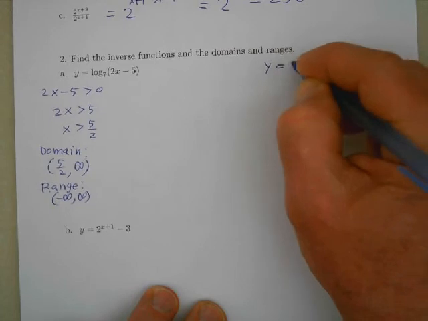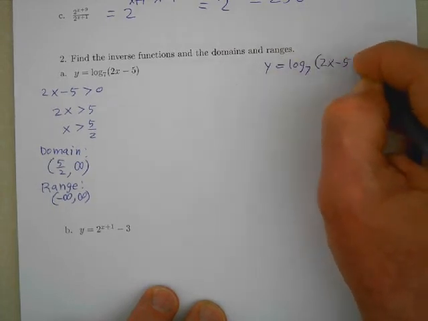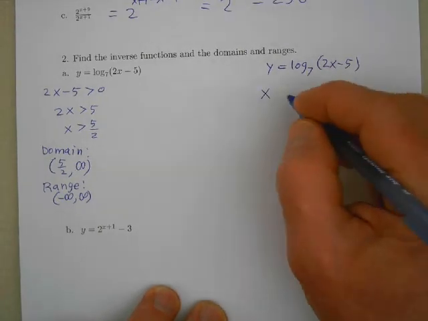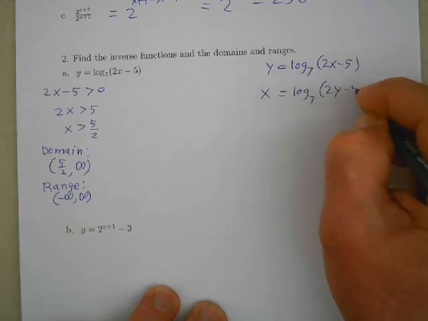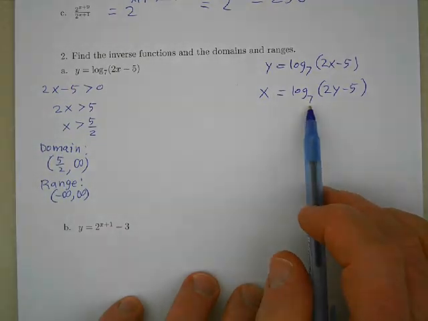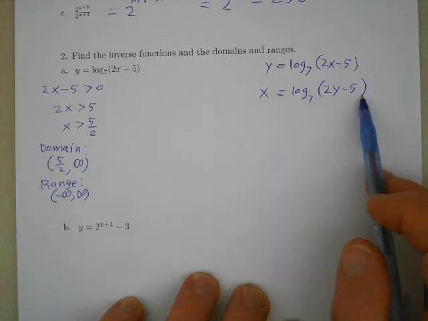So y equals log base 7 of 2x minus 5. In the next step, interchange x and y, replace y with x, and replace x with y. And then we solve for y. So we can convert this logarithmic equation into its exponential equation equivalent. 7 raised to the power x equals 2y minus 5.